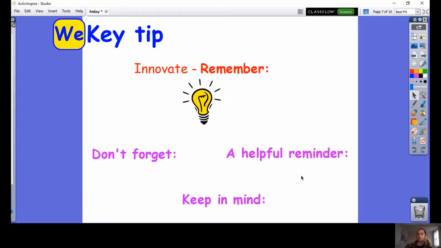So you need to think of something that you could say for your key tip. You want to make sure the person is not forgetting, that they know this is a really helpful reminder that will help them make that disgusting smoothie. And don't forget, you need to have your colon at the end, which is two dots. One should be on the line and one should be floating on top.